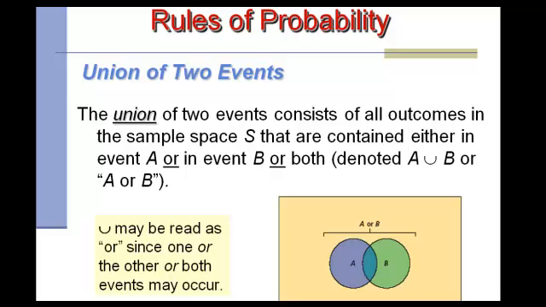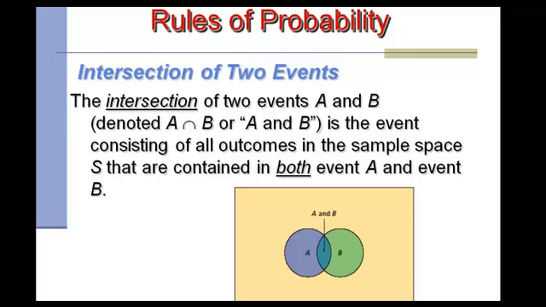Again, it's denoted with this union sign. Think of it as or, and it means one or the other or both events may occur. That's contrasted with the intersection. The intersection is both events occurring simultaneously, A and B, the probability of A and B. Intersection is denoted with this upside down U symbol.